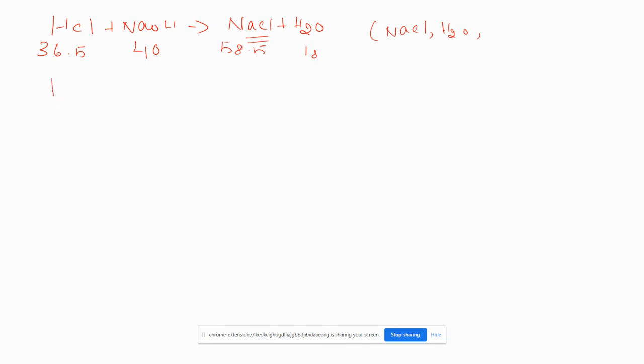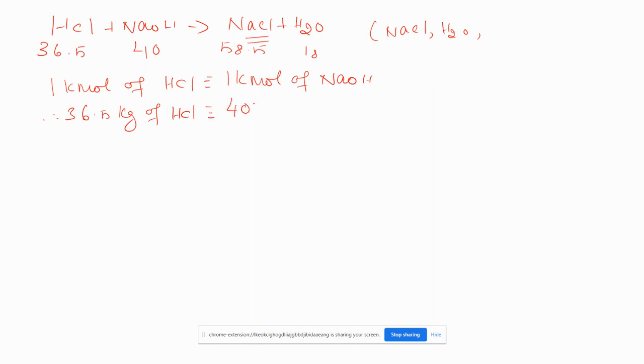First we will write the relation between the reactants. 1 kilomole of HCl is equivalent to 1 kilomole of NaOH. Therefore, for 36.5 kgs of HCl we will have 40 kg of NaOH.